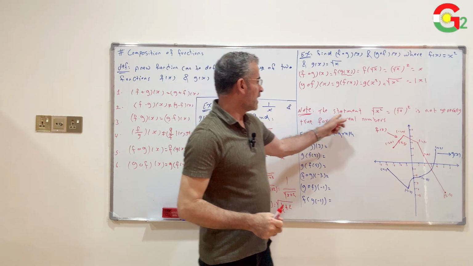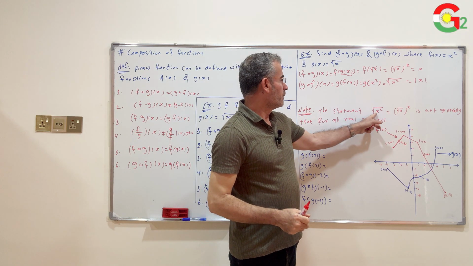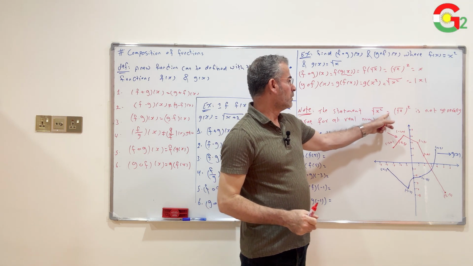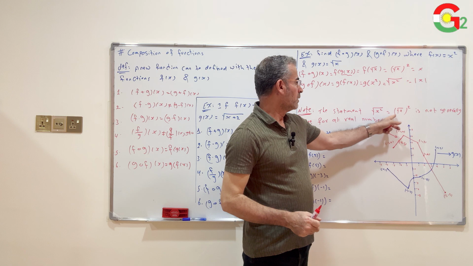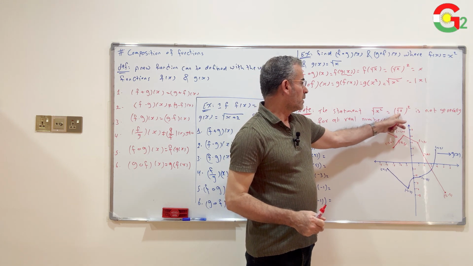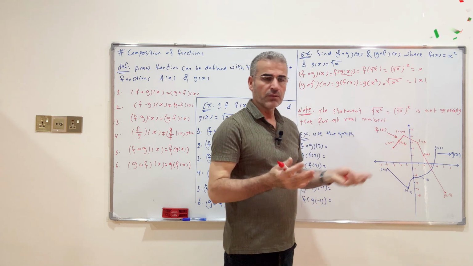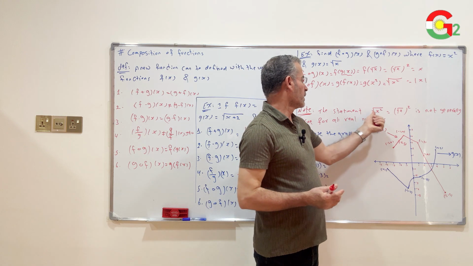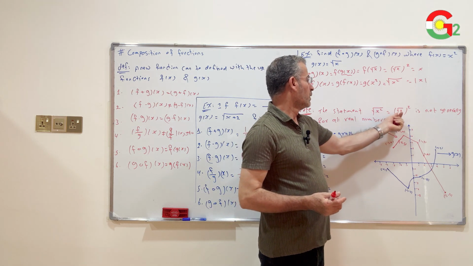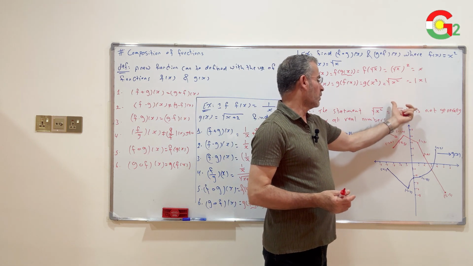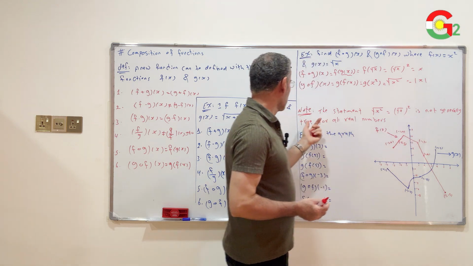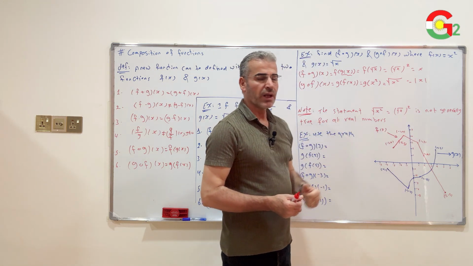Note the statement square root x power 2 equal to square root x all power 2 is not generally true for all real numbers.